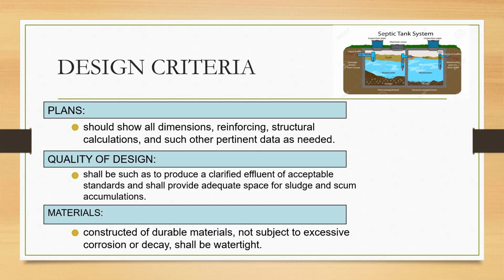The quality of design shall be such as to produce a clarified effluent of acceptable standards and shall provide adequate space for sludge and scum accumulation. So typically, nowadays, imbes na dalawang chamber, para mas malinis yung lumabas na tubig or the effluent, ang ginagawa po ngayon, tatlong chambers na po. So based from the RNPCP, minimum dalawa, pero po pwede natin gawin tatlo.